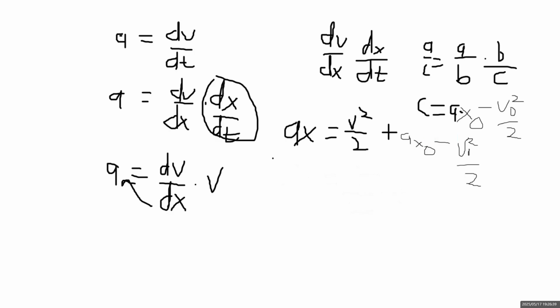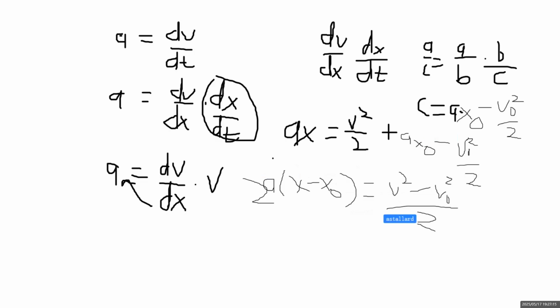And we can rearrange this, so this is going to be a times x minus x naught equals v squared minus v naught squared, all over 2. Okay? And we can just multiply both sides by 2, move this over here, and we have equation 4.